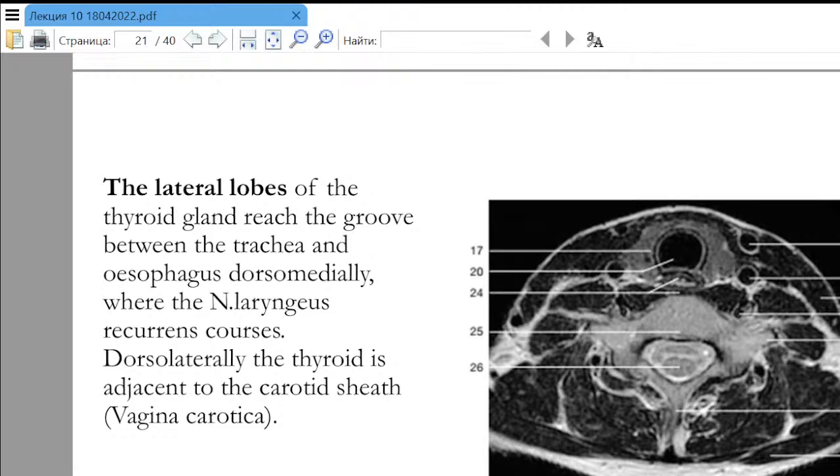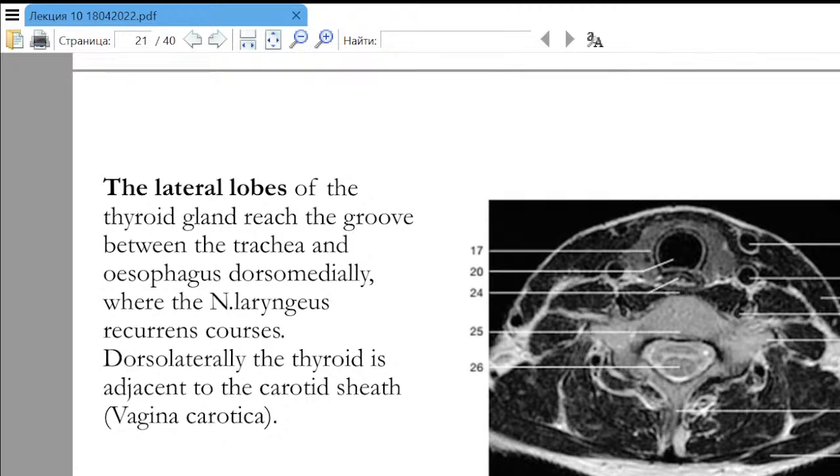Dorsolaterally, the thyroid is adjacent to the carotid sheath, the carotid artery.